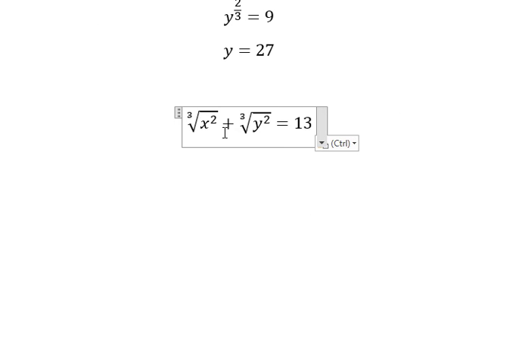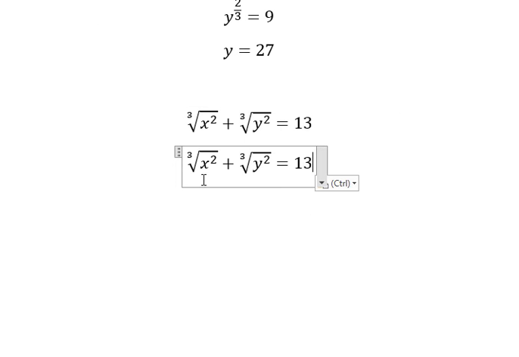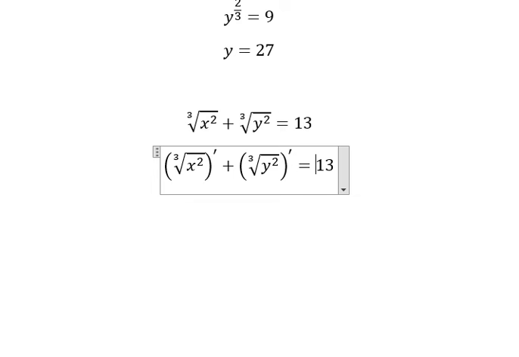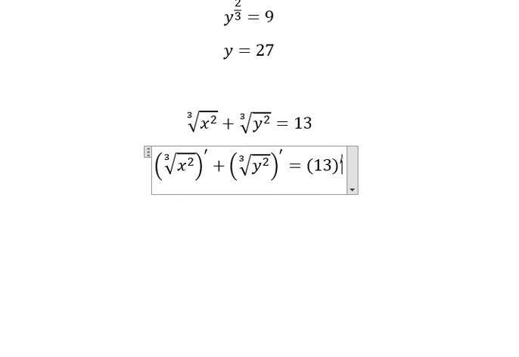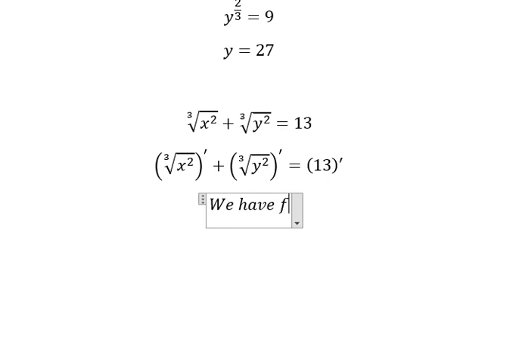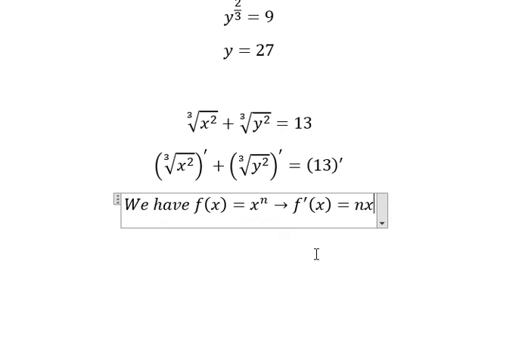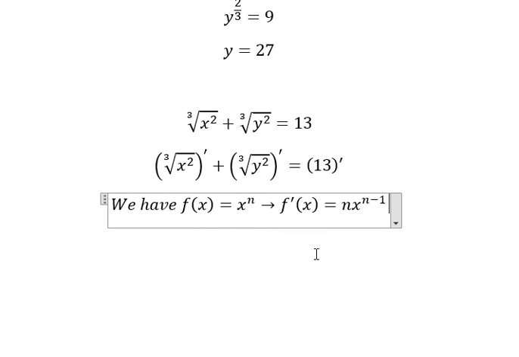We do the first derivative of both sides. So we know that we have the formula in here. If we do the first derivative of this one, you get n x to the power of n minus 1.